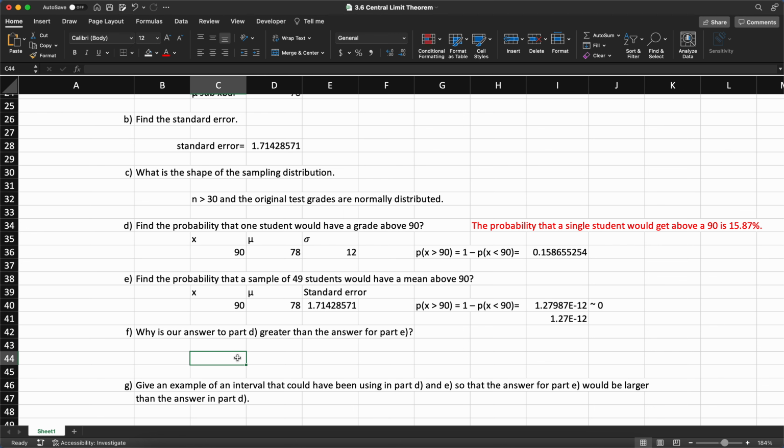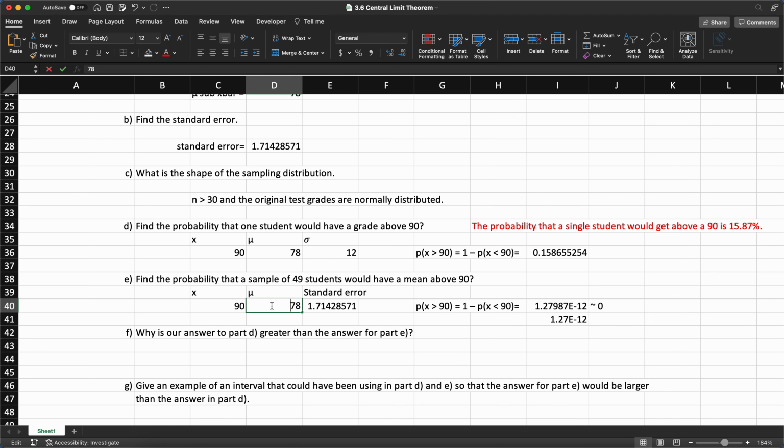I have 49 different students, and I'm averaging their score. Shouldn't that average be really close to 78, even if it's a random sample? It'd be hard to believe that I'd take a random sample of 49 students that all happen to do above the mean on this assessment.